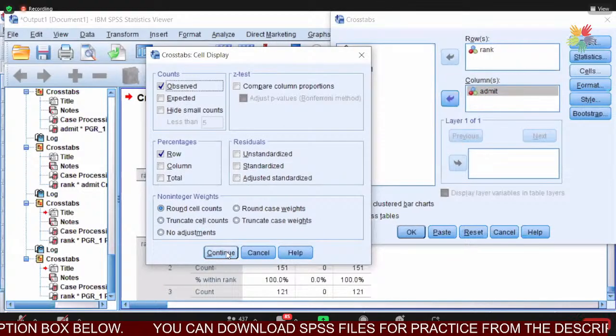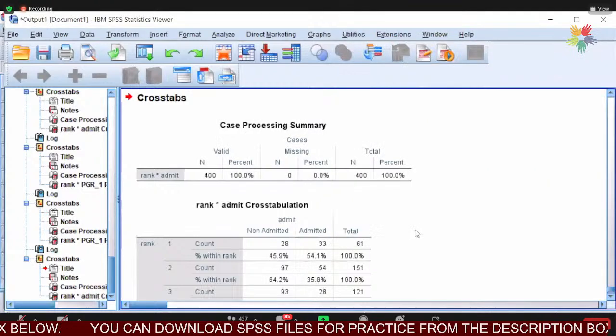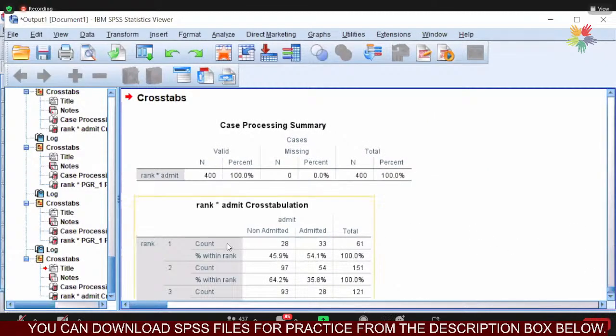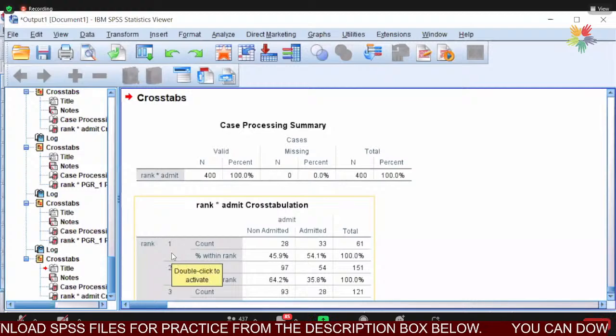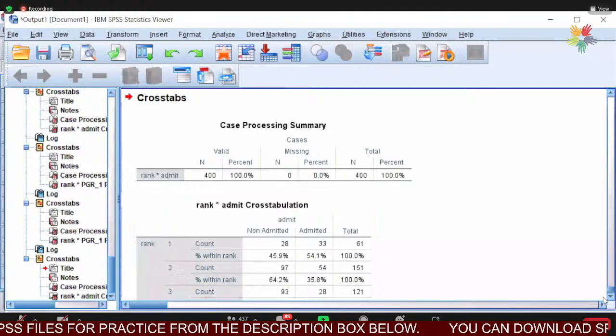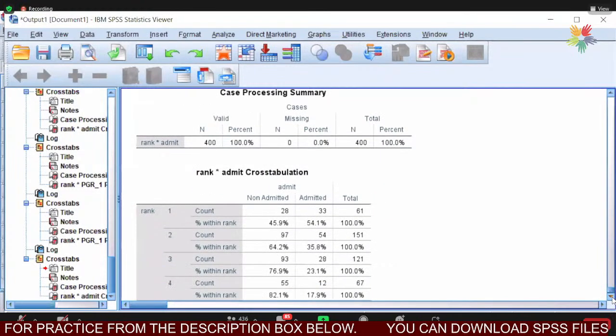Percentage. Okay, so now you can see, right? So admitted rank 1 institution, right? My screen is visible. Hello? Yes, sir. Hello? Yes, sir.